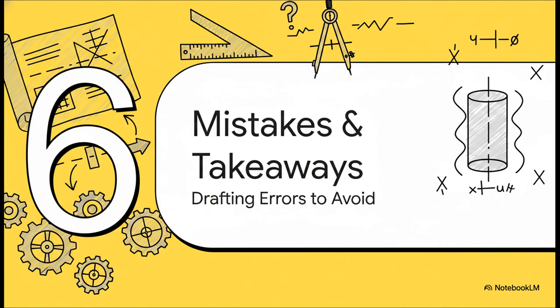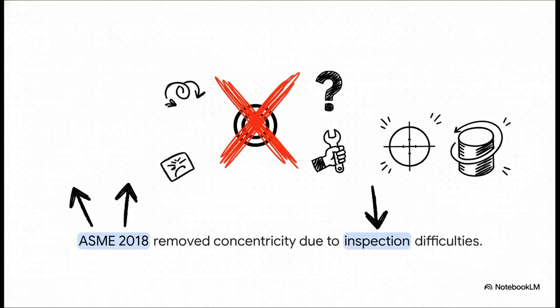All right, final stretch. Section 6, Common Mistakes and Takeaways. Let's talk about the human element here, because GD&T is a language, and like any language, it is incredibly easy to make grammatical errors. First, a really crucial standard update you need to be aware of. If you follow the ASME Y14.5-2018 standard, they officially eliminated the concentricity and symmetry symbols.